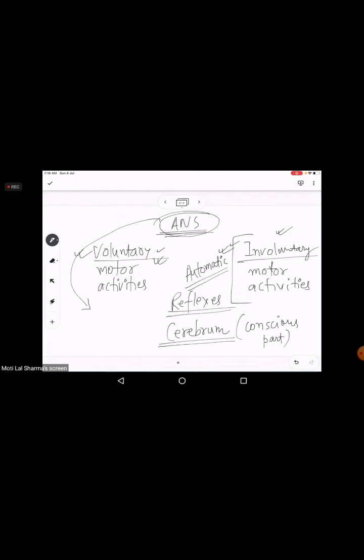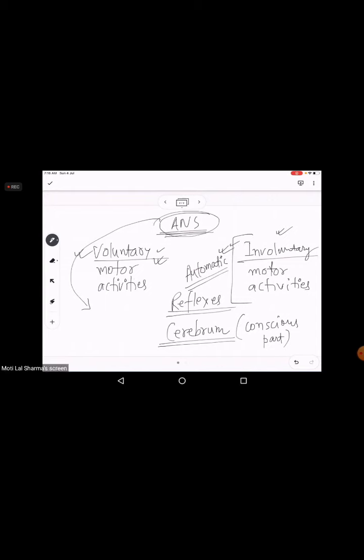Involuntary motor activity, one example, is your heartbeat. Your heart is beating, and suppose you want to commit suicide, and the best option is to stop your heartbeat. The moment your heart stops beating, within minutes you will die. But even if you wish to stop your heartbeat, I don't think you can.